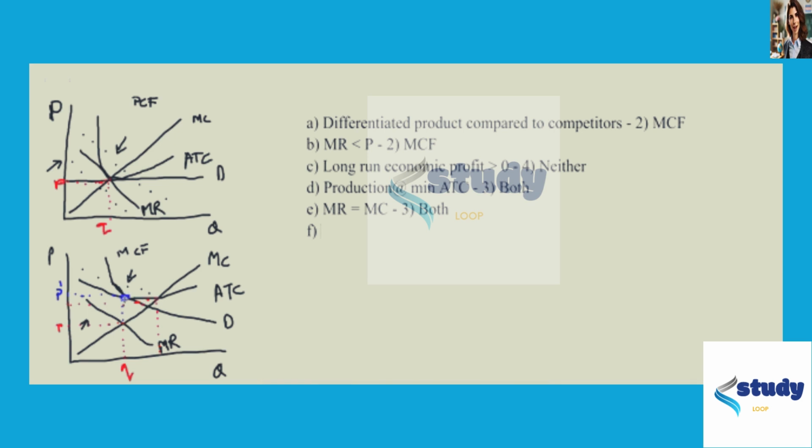However, an MCF is operating at a point where the marginal cost is less than the price, or the price is greater than the marginal cost. So it's clearly an MCF.